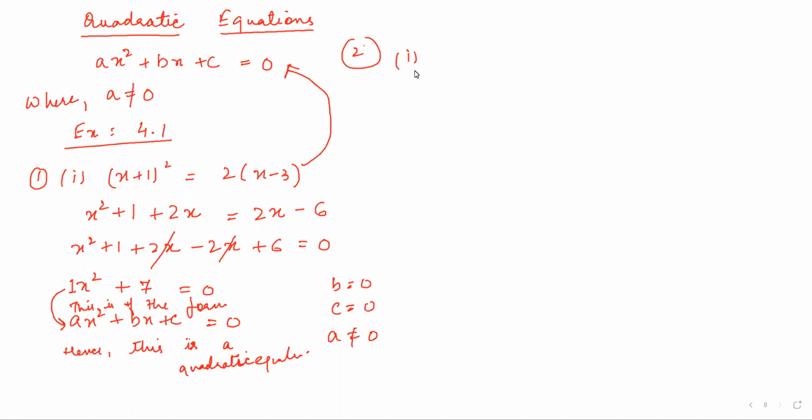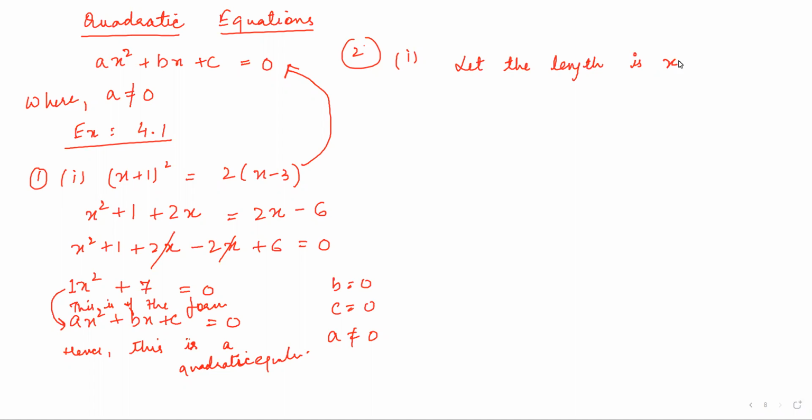For example, first part, the area of a rectangular plot is this. The length of the plot is 1 more than twice its breadth. So when something is not given, assume it.